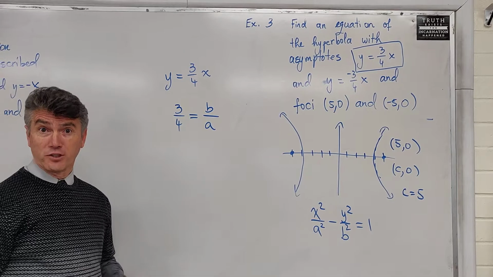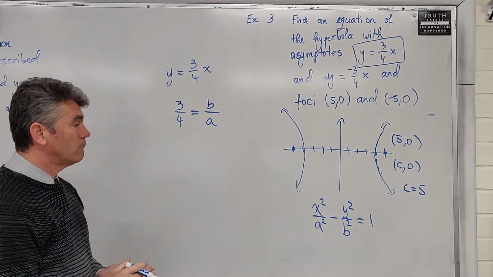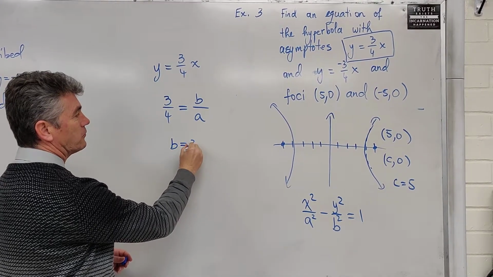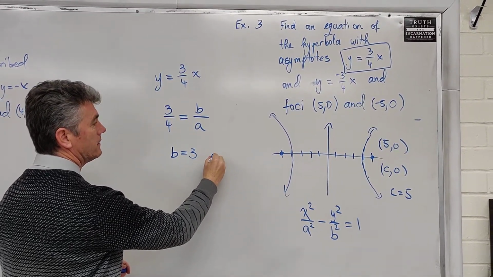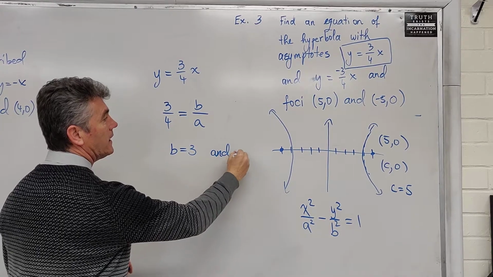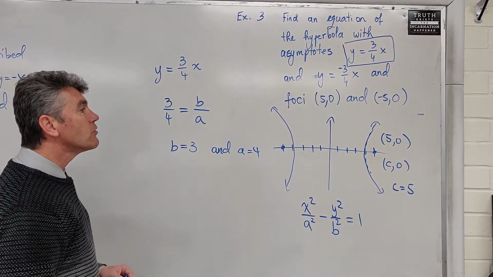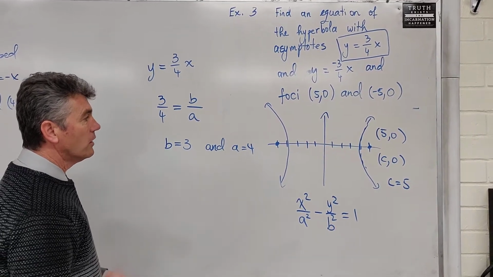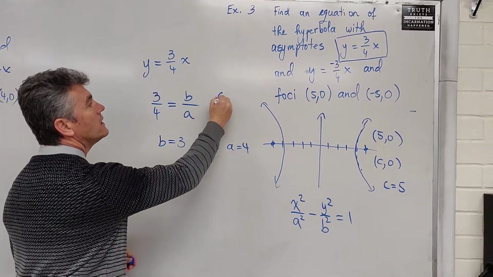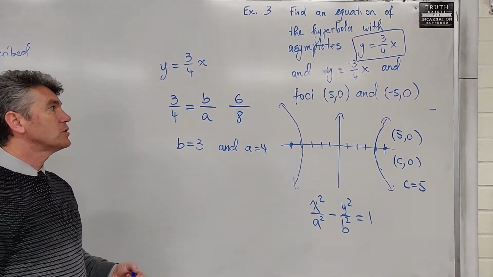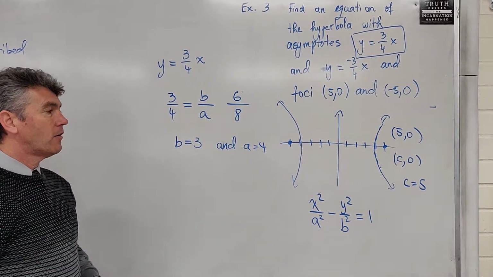There are 2 assumptions that we can make right now. First assumption is that b is equal to 3 and a is equal to 4. This assumption is not necessarily true because, for example, 6 over 8 also reduces to 3 over 4.